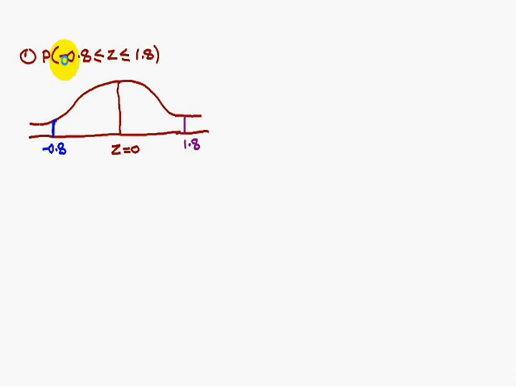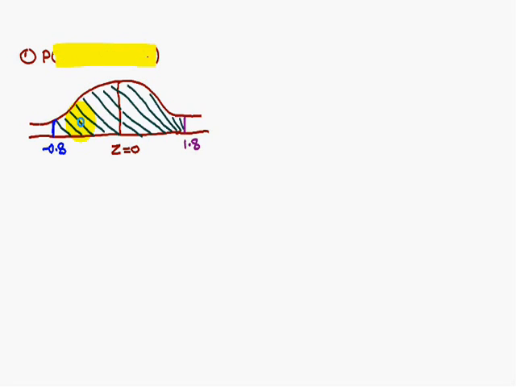Probability of minus 0.8 less than or equal to z less than or equal to 1.8 means the value lies between these two values. That is nothing but this shaded area. We have to find out the area of this shaded part.